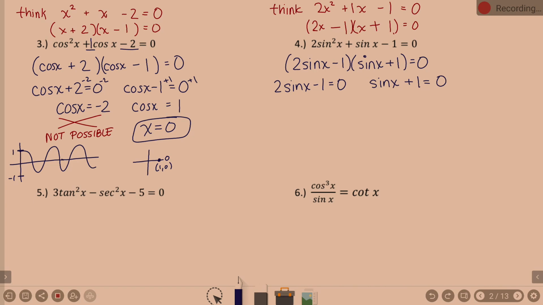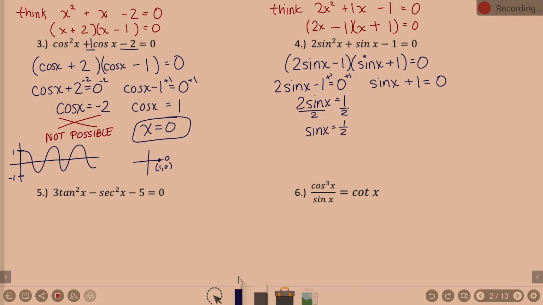What about 2 sine x minus 1? What do we do? Add the 1, divide by 2. Okay, add 1. So 2 sine x equals 1. Divide by 2. Sine x equals 1/2.